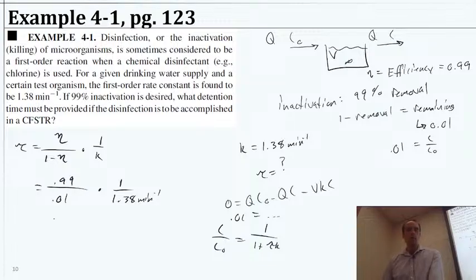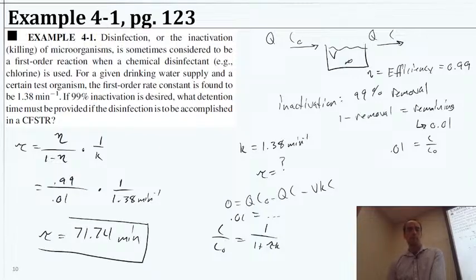Okay, so what's that come out to? 71.74? Great. Fair enough. So the good thing is, in case you didn't happen to remember this equation that we derived, you could derive it for yourself from our mass balance and get there, right?